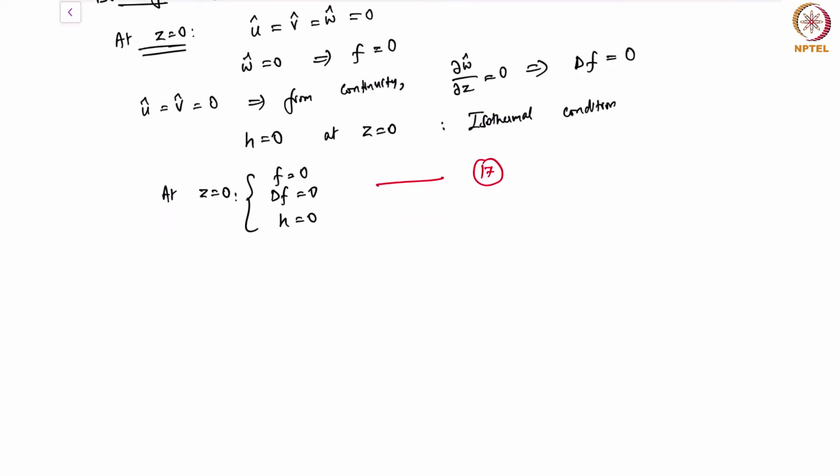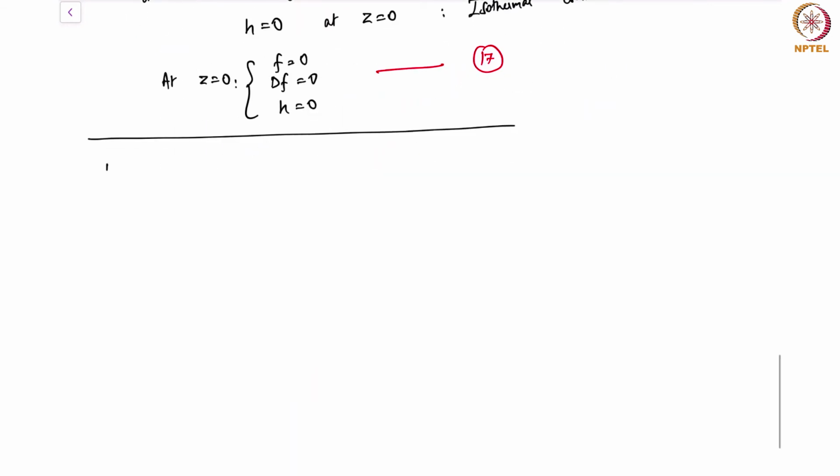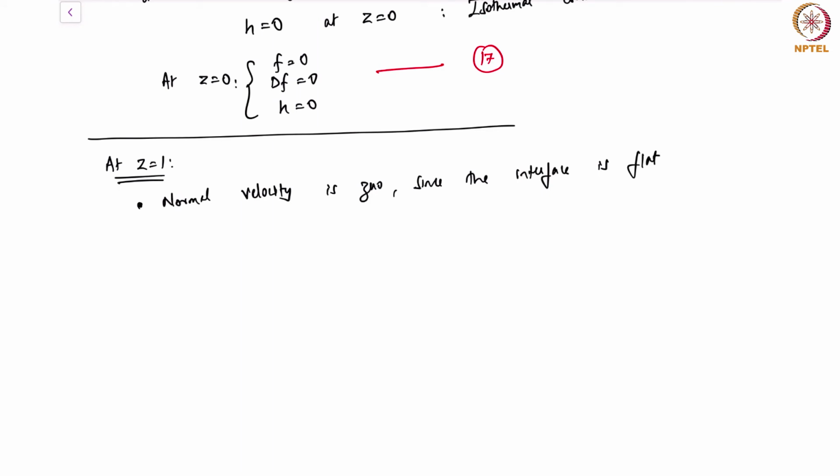Now we will have to derive the conditions at z equal to 1. At z is equal to 1, the easiest one is to start with the normal velocity. Normal velocity is 0 since the interface is flat. Note that this is just an approximation, also done by Pearson.